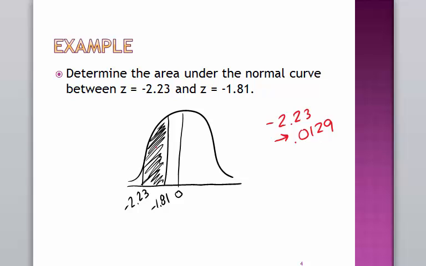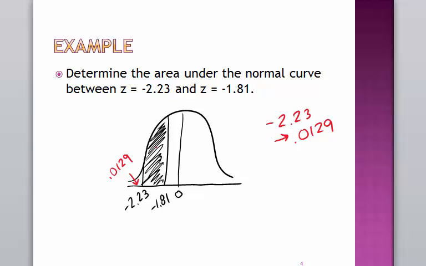And remember that 0.0129 will be the area to the left of negative 2.23. So right in here, we will have 0.0129. Now, again, remember that that is not shaded. So that tells us that at some point we're going to be subtracting that off.